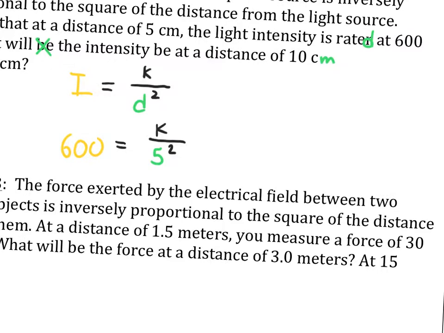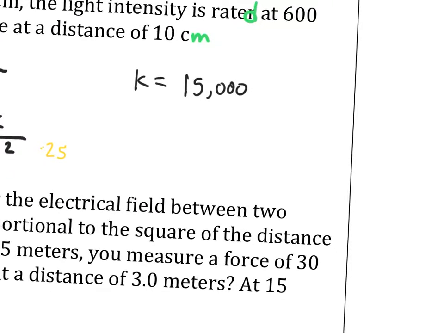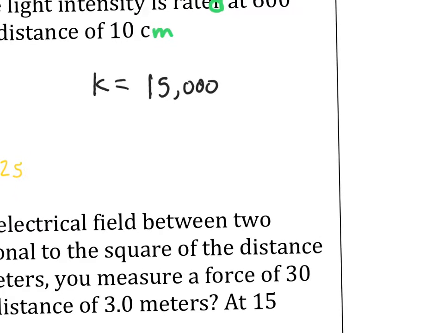Now again, to get K by itself, I just have to multiply both sides by 25, which is 5 squared. And now I have my value of K. Now that we have that, we can write our super secret function. It looks like this. The intensity of light is equal to 15,000 divided by whatever the distance is squared.